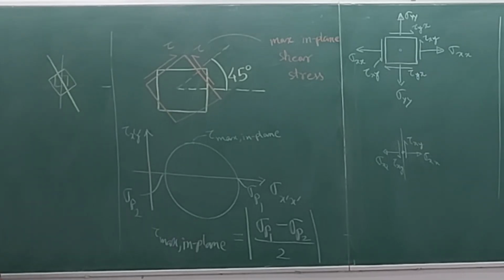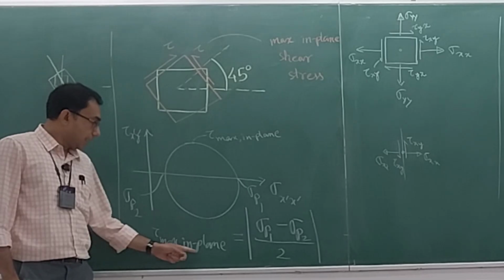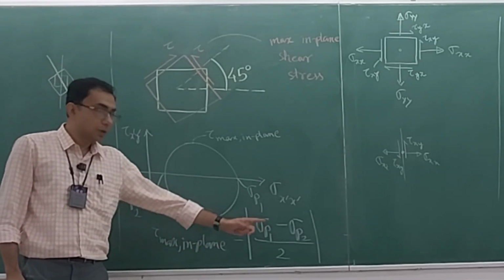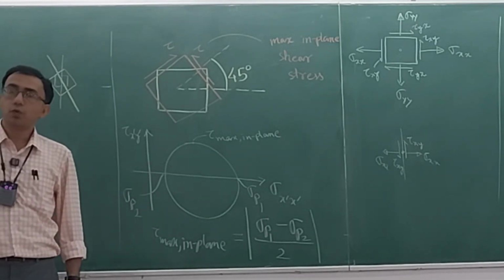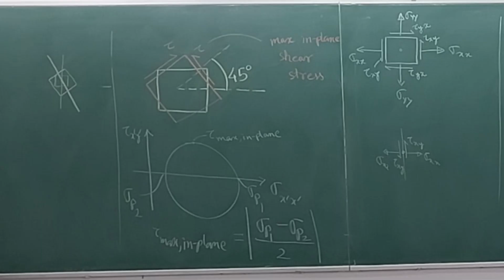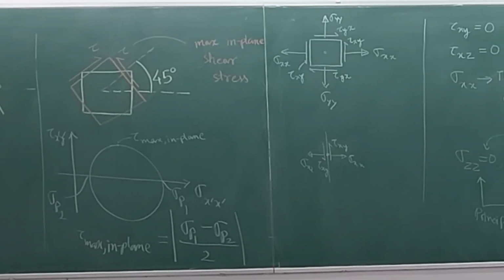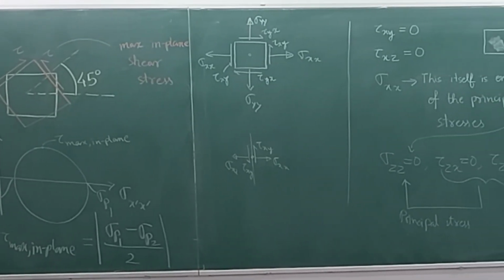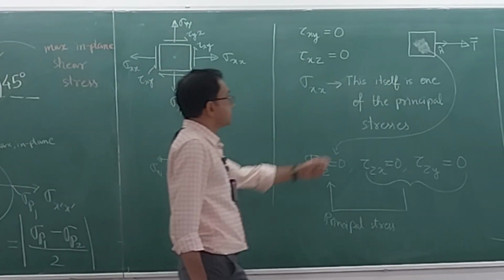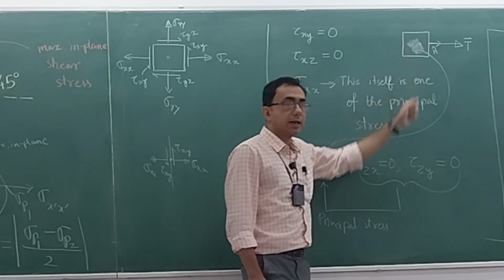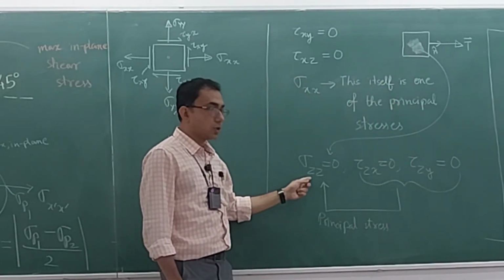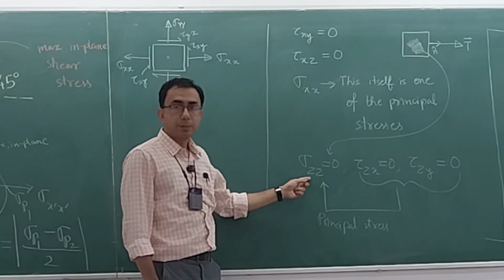Now the trick question is as follows. Tau max in plane is equal to sigma p1 minus sigma p2 by 2. What do you think will be the overall tau max? I will point to this diagram, where I gave you a hint regarding this zero stress also being a principal stress.